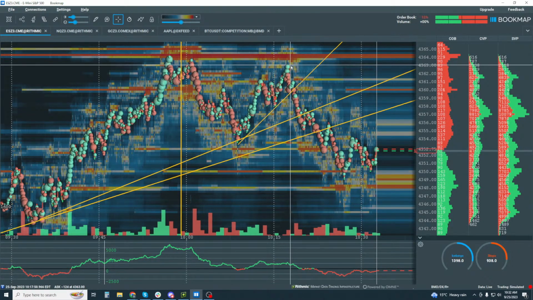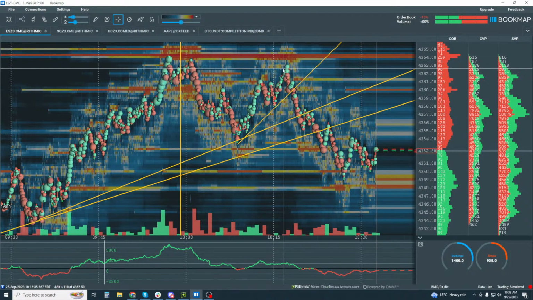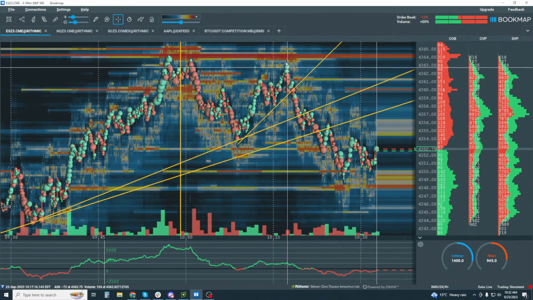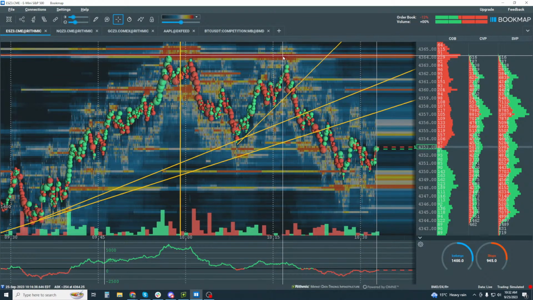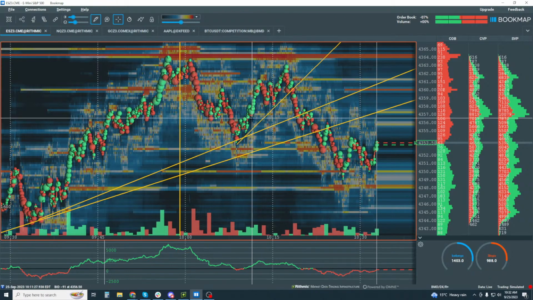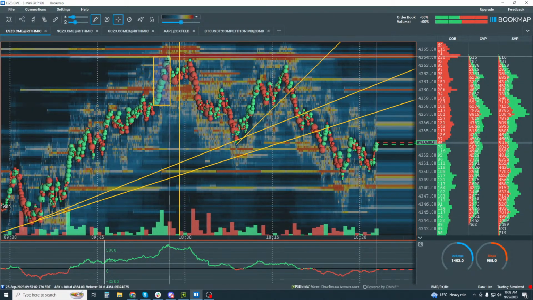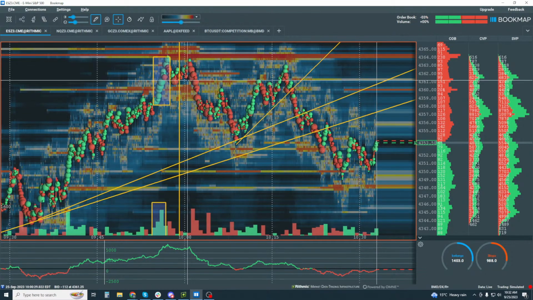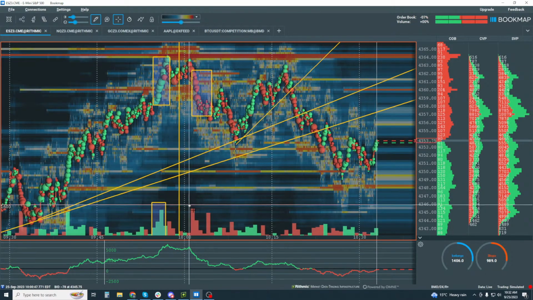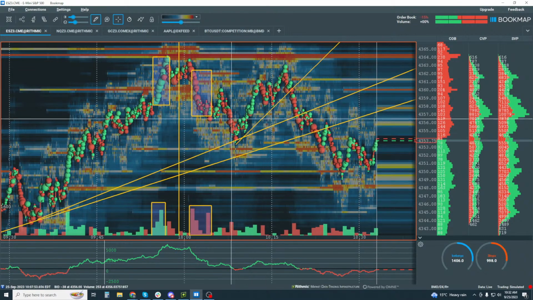But let's look at the context of the move up here. Okay, first off, we know the liquidity is up here. Secondly, look at the volume. Here's our strong move, strong volume. Here's our strong selling volume down here. Also in here.